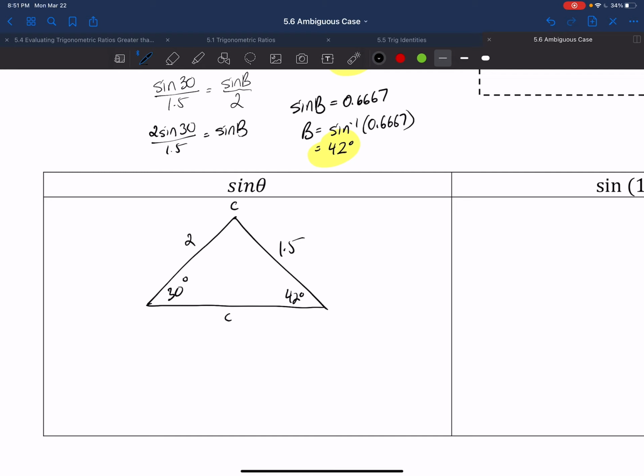So now we can figure out angle C and side C. So angle C is easy, right? Go back to elementary school. Subtract from 180. So 108 degrees. Okay, and then you use sine law to find side C as well.